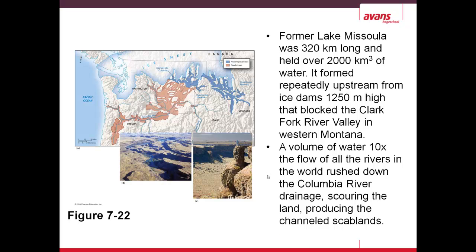The volume of the water which flowed through the rivers when this naturally forming ice dam failed was so much that it was 10 times the flow of all the rivers in the world at this time, and it went through the land of the Columbia River, scouring the land and producing the channeled scablands as they're known today.